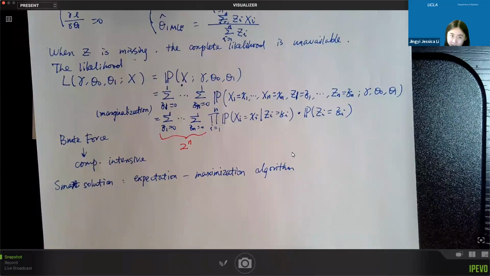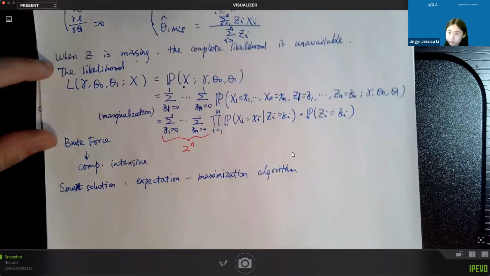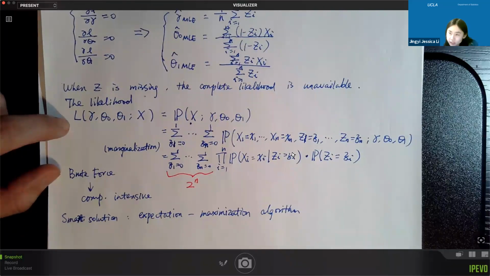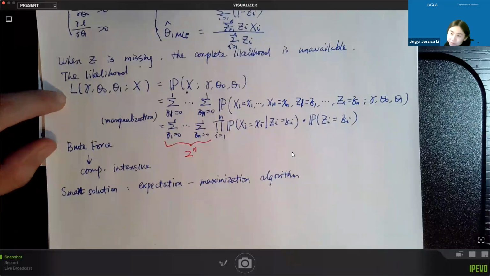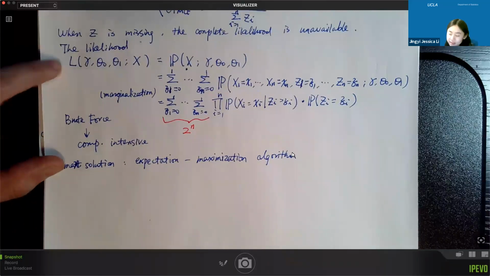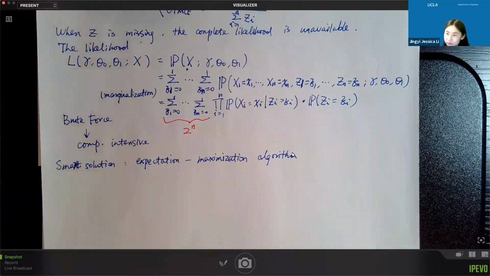But don't forget that here our goal is still to maximize the likelihood, this one, okay? This is still our objective to be maximized, not the complete likelihood, because that one is not available to us and it's not meaningful to us because we don't have Z. But to achieve the maximization of the likelihood, we could use the complete likelihood to help us in a middle step.